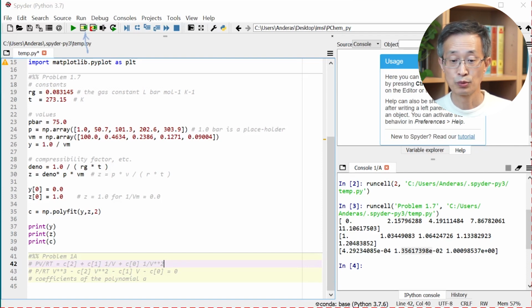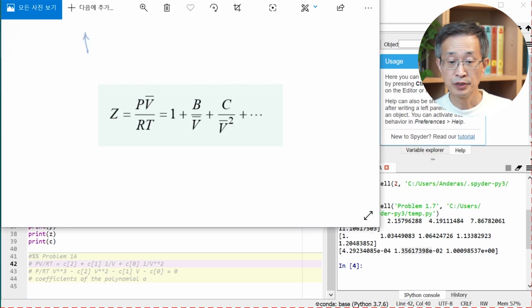You see C2 is actually close to 1, and C1 is B, and then we multiply with 1 over V bar, and then C0, or P0, is actually the third virial coefficient, and then this is close to 1.